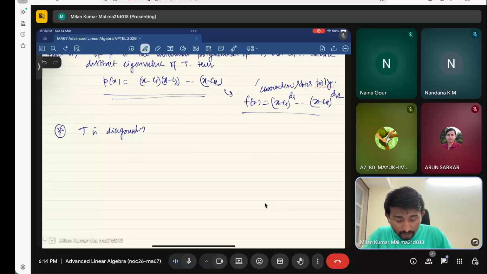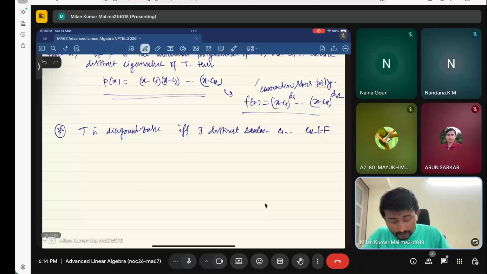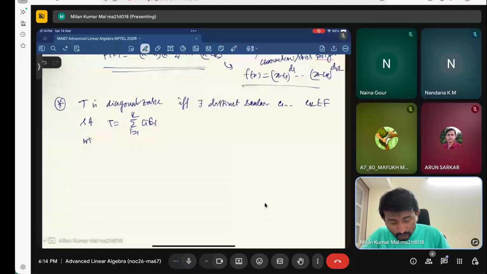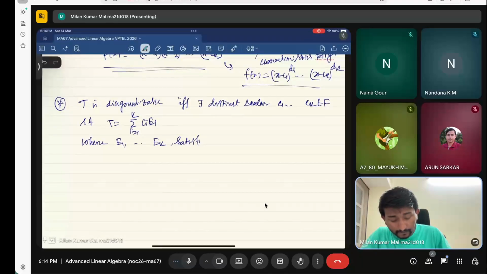So T is diagonalizable if and only if there exist distinct scalars, or elements c1 to ck in the field, such that T equals the summation of ci Ei, i equals 1 to k, where E1 all the way to Ek satisfy the following properties.